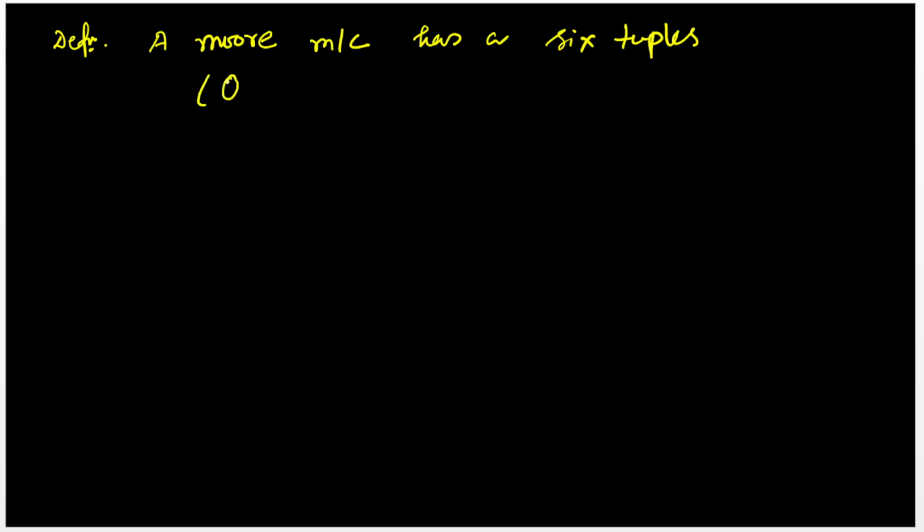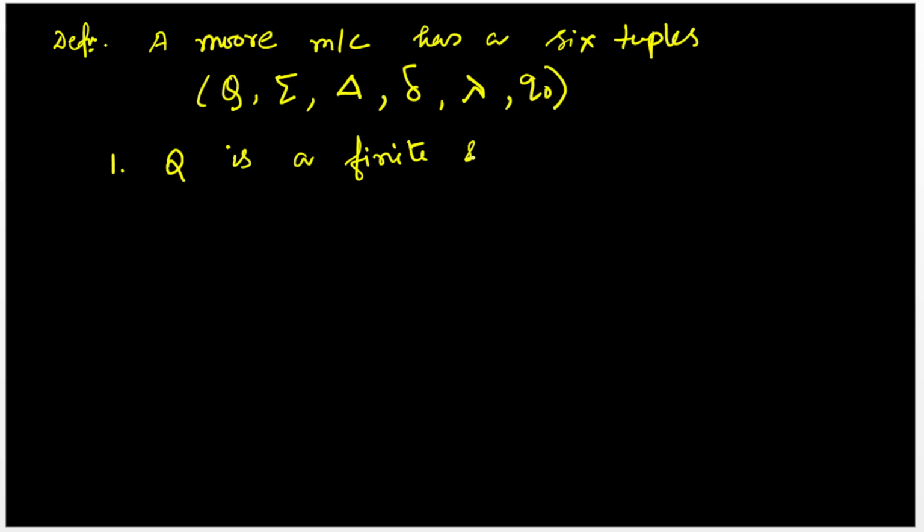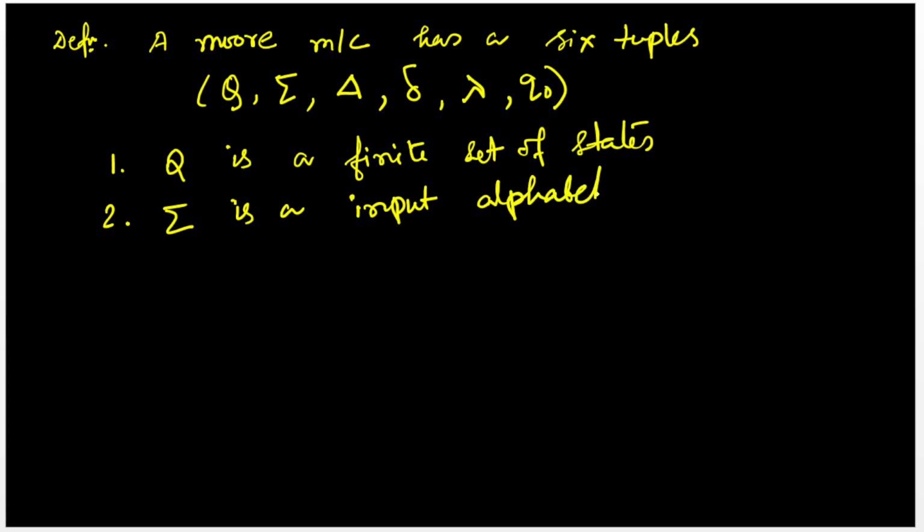The tuples are Q, sigma, delta, lambda, and q naught, where Q is a finite set of states, sigma is the input alphabet, and delta is the output alphabet.